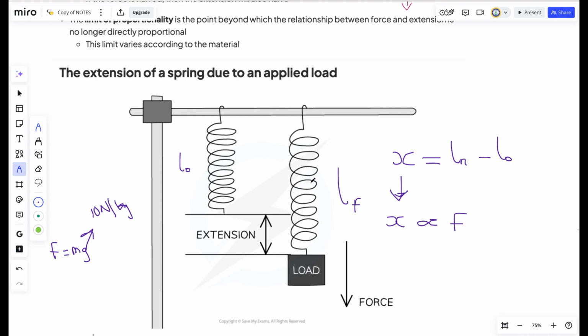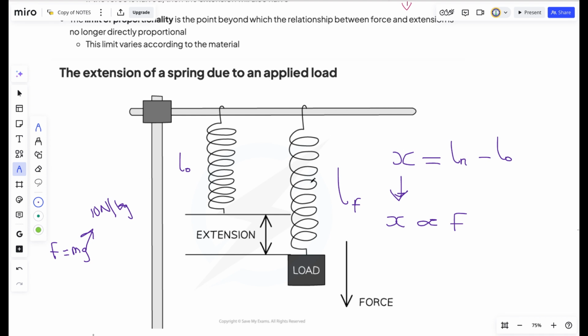He's saying that how much extension is produced is proportional to how much mass you are adding. If you add a force of 2 Newton, let's say the extension is 1 centimeter. If you add 4 Newton, the extension will become 2 centimeter. If you add 6 Newton, the extension will become 3 centimeter.